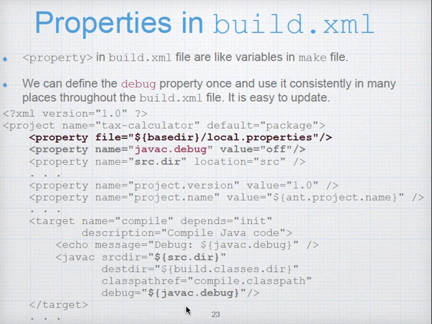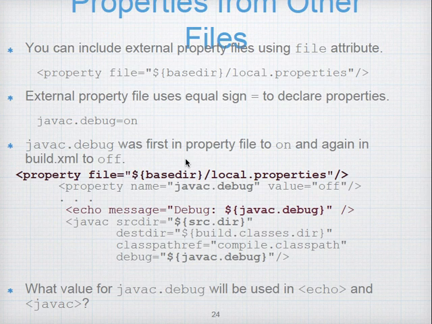So we separate all this information, the likely changeable ones, into the property file. Fine. This slide explained that maybe by accident, I defined a property in the property file.